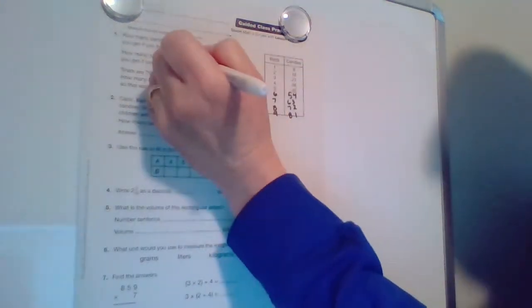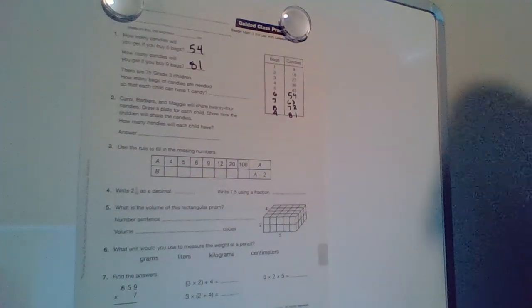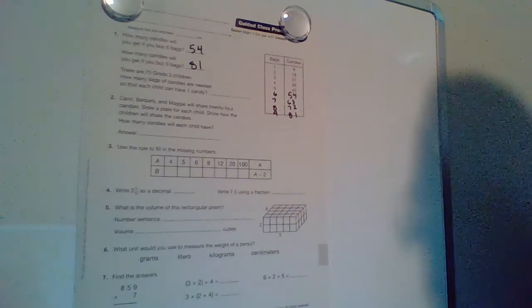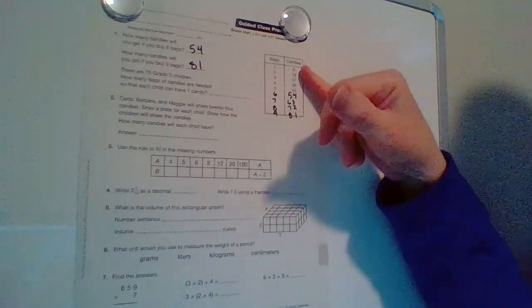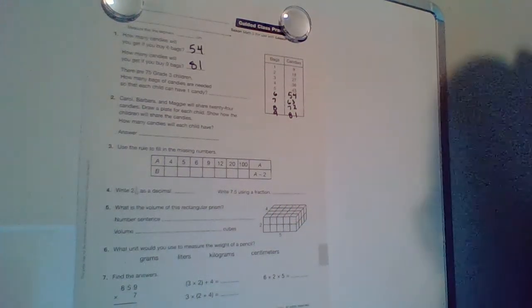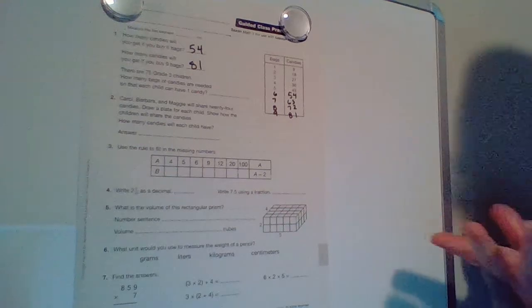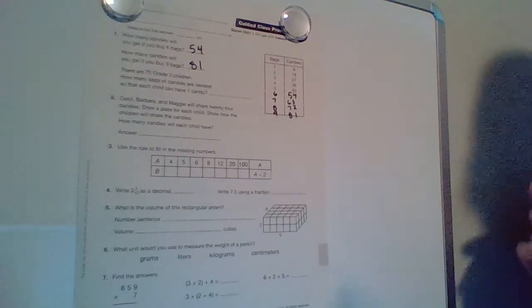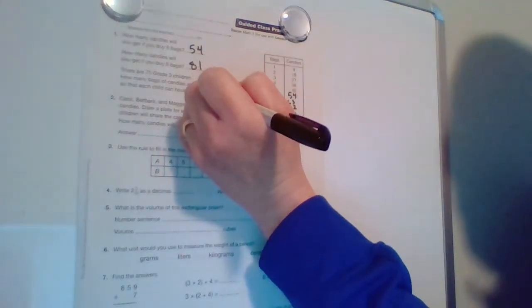It is 81. There are 75 grade 3 children. How many bags of candies are needed so that each child can have 1 candy? Okay, there's 75. Well, let's see, if we look at our candies, 72, that's not going to be enough. So it can't be 8 bags. It's going to have to be 9 bags.